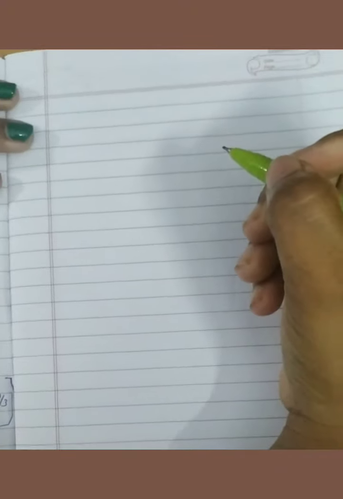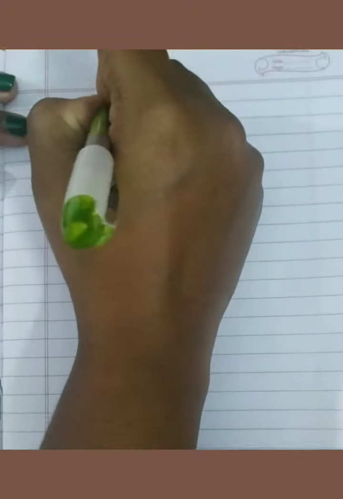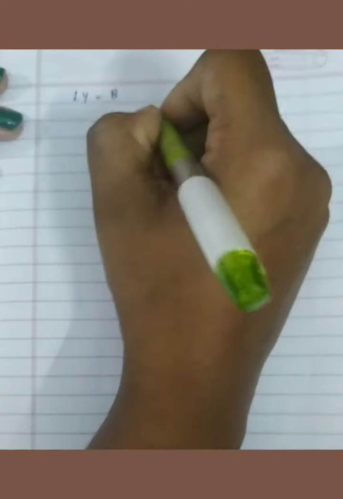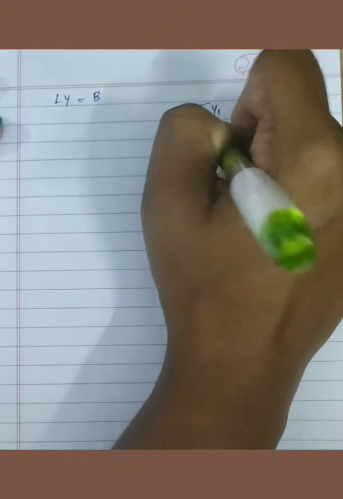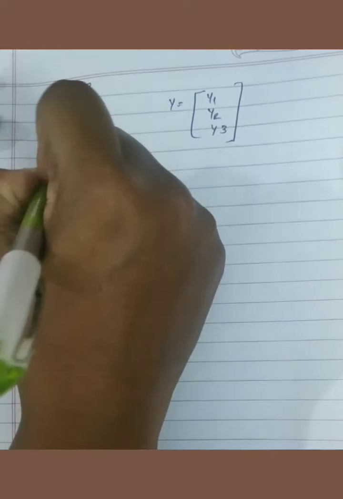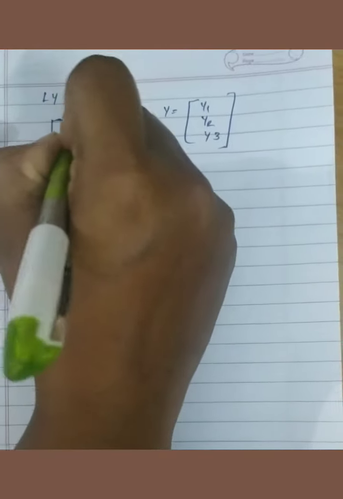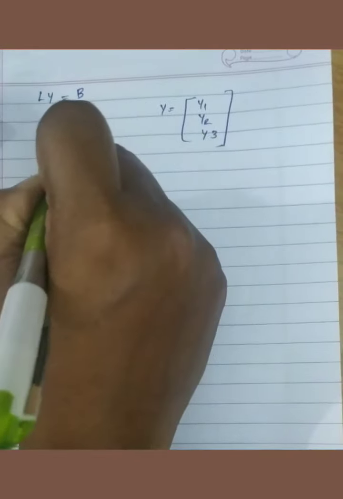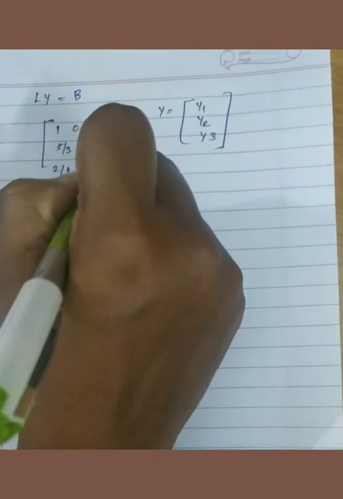Then next we will be having Ly equal to B. We have to find the Y matrix. Y matrix will be y1, y2 and y3. Okay. We have L matrix as 1 0 0, 5 by 3 1 0, 2 by 3 minus 1 by 14 1.